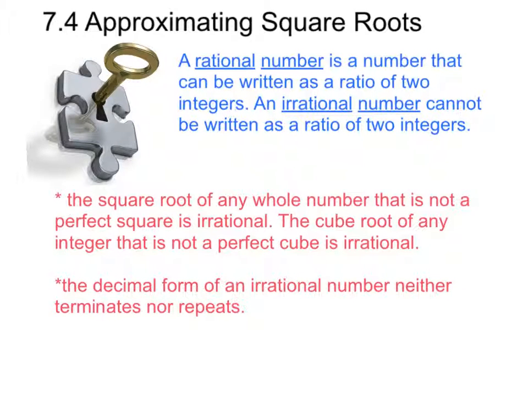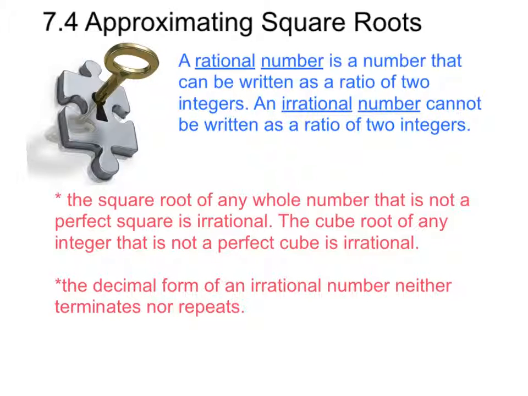The square root of any whole number that is not a perfect square is irrational. The cube root of any integer that is not a perfect cube is irrational. Here's probably the most important thing to determine whether something is irrational. If your decimal repeats or it terminates, it's a rational number.